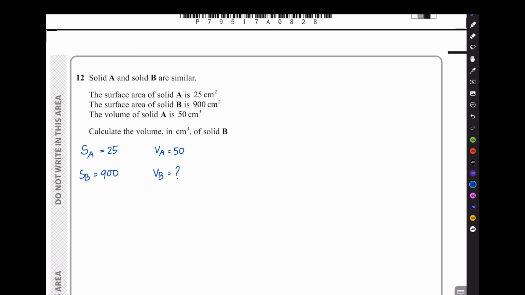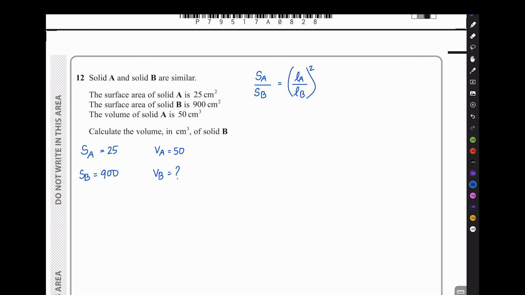There are only two different equations in this entire chapter. The first one is surface area of A divided by surface area of B is equal to the length of A divided by length of B. Basically the ratio of area.